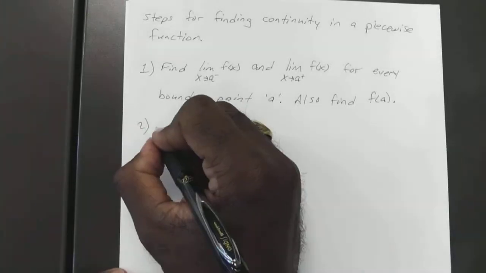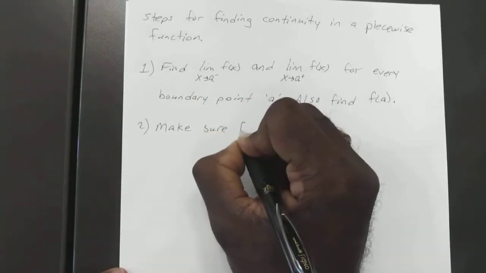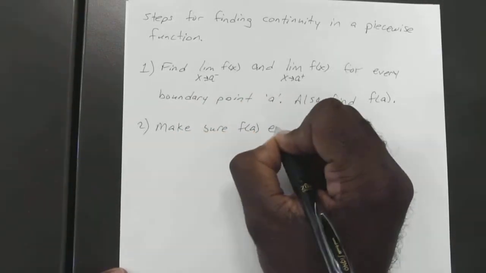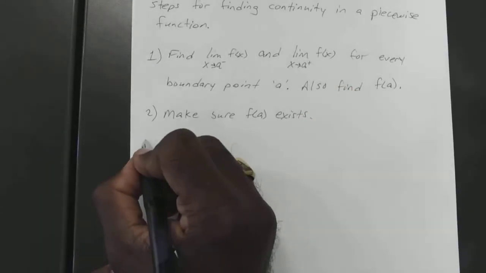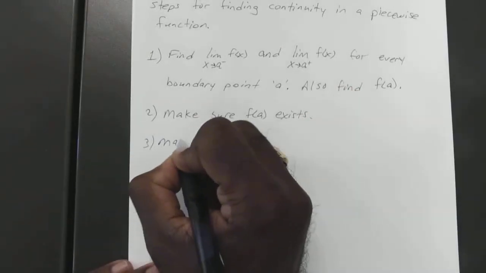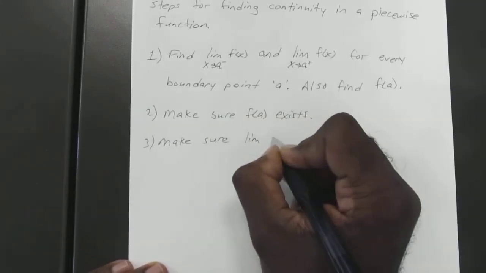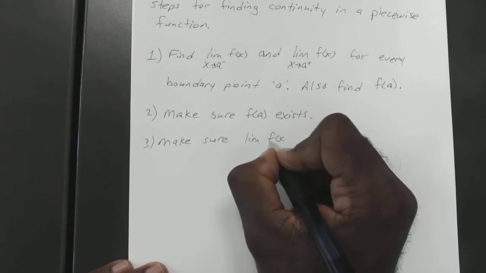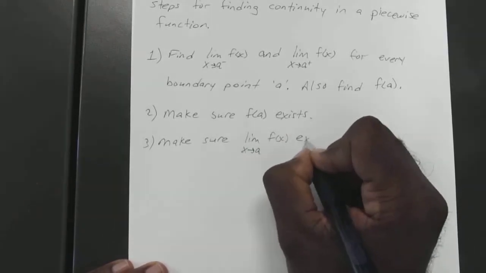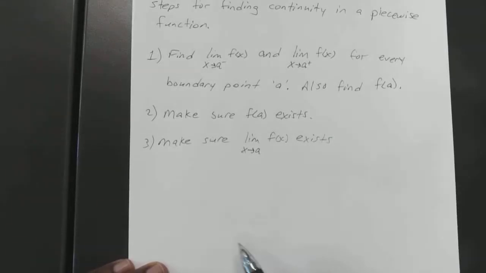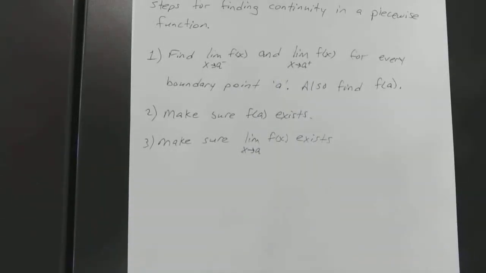Second, you want to make sure that f of a exists. And third, you want to make sure the limit of f of x as x approaches a exists, which means the limits from the left and from the right have to be the same.